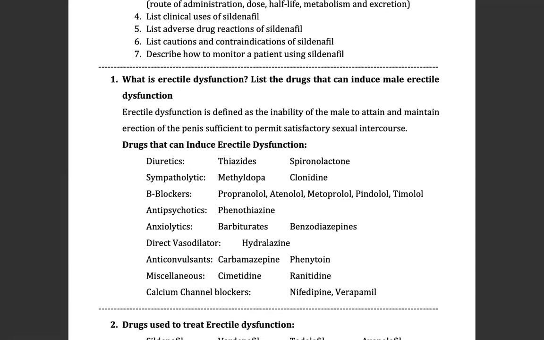In addition, the beta blockers include propranolol, atenolol, metoprolol, pindolol, and timolol. All categories of beta blockers may induce impotence.